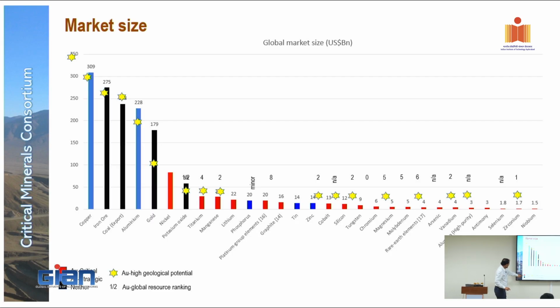What we are looking at, these are Australia's critical minerals. That color is Australia's strategic mineral, and neither of them. And then these are the global reserves, the position of Australia in terms of global reserves.